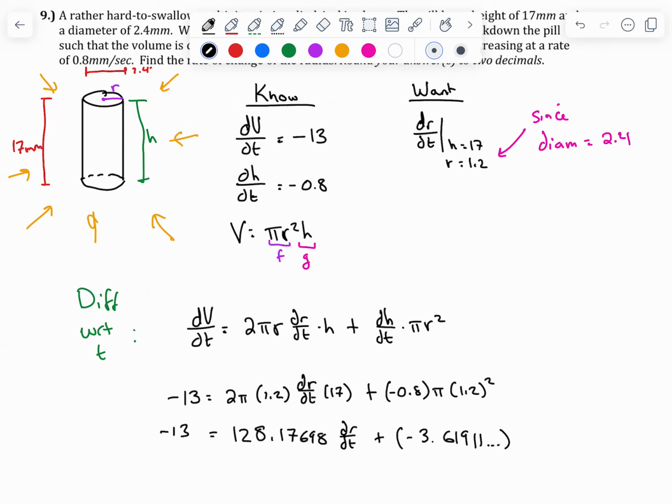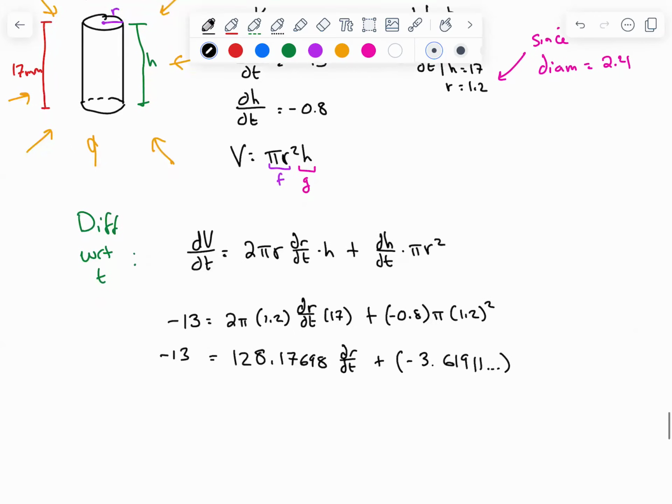So I'll add that to the other side. So negative 13 plus that is, wait, no, minus that.